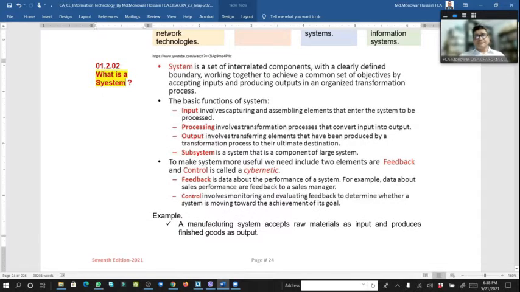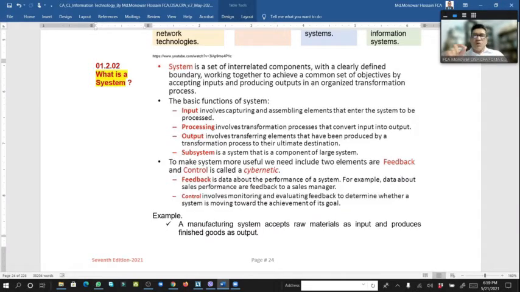What is a system? Look here: a system is a set of interrelated components with a clearly defined boundary working together to achieve a common set of objectives by accepting inputs and producing outputs in an organized transformation process.